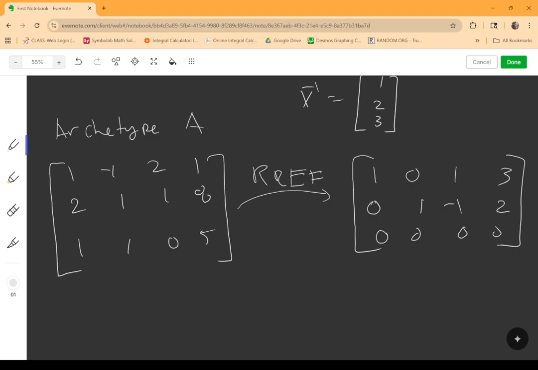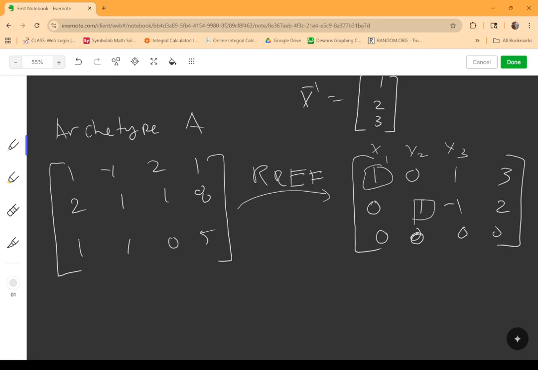Again, the first three columns are x1, x2, x3, or x, y, z, whatever you want to call it. Now this one is different than the previous example because here we only have two of these leading ones, two pivots. So now we have a free variable, that free variable being our x3.